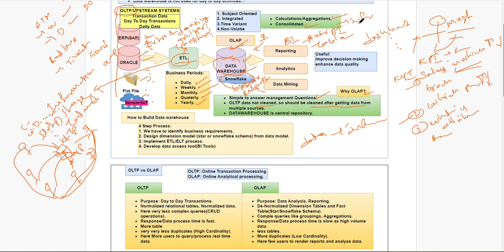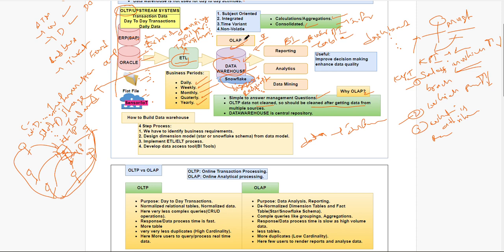Like, for a particular area, for a particular product, how many were sold, or in a particular department, how many employees resigned. Like this they want some reports.